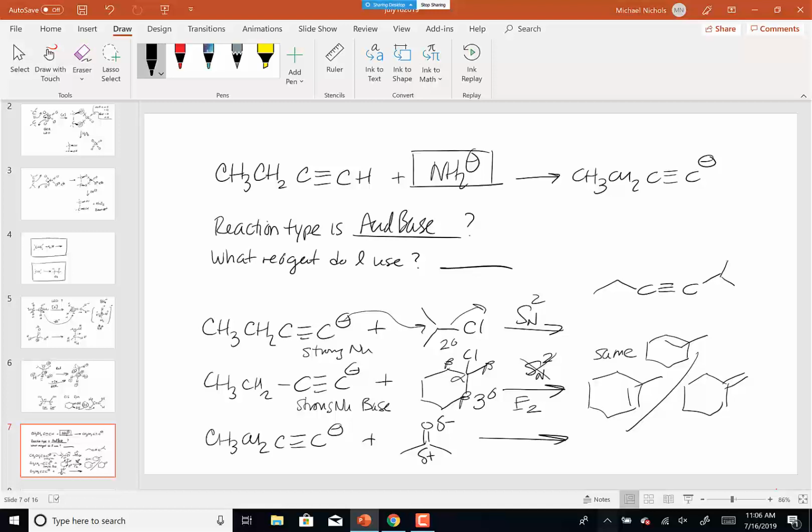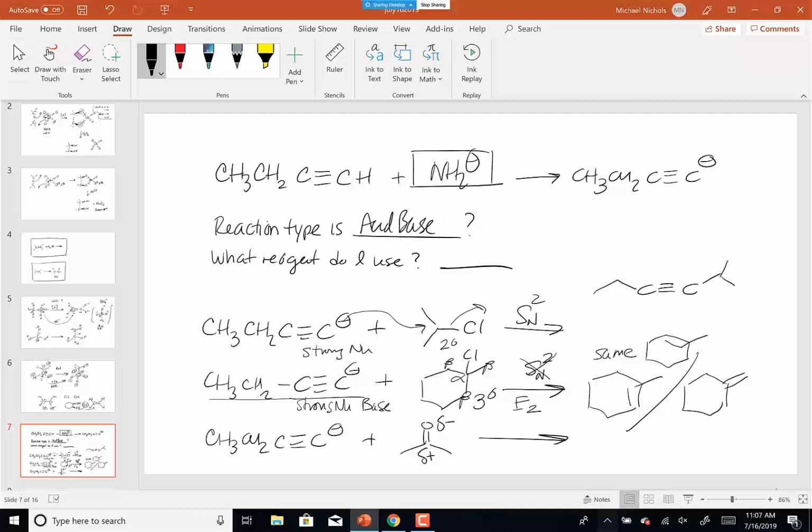Which one's the major product of those alkenes, having a double bond in the ring or outside the ring? Well, if we say inside the ring, then we're treating this alkynyl anion as if it was like an NH2 minus. If we say outside the ring, then we're treating it like a tertiary peroxide. So the question is, is this base sterically hindered or not?